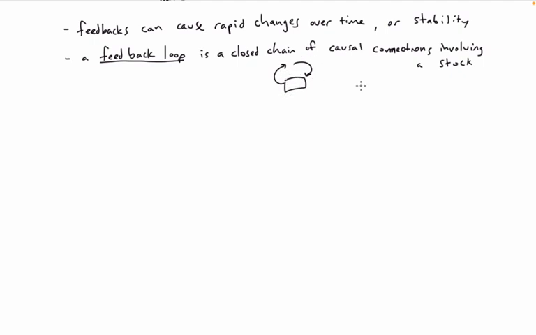So the example of the bathtub wasn't a feedback loop. It was a system where what's coming in is independent of what's coming out, and the level of the bathtub isn't affecting, at least as we described it, the system.